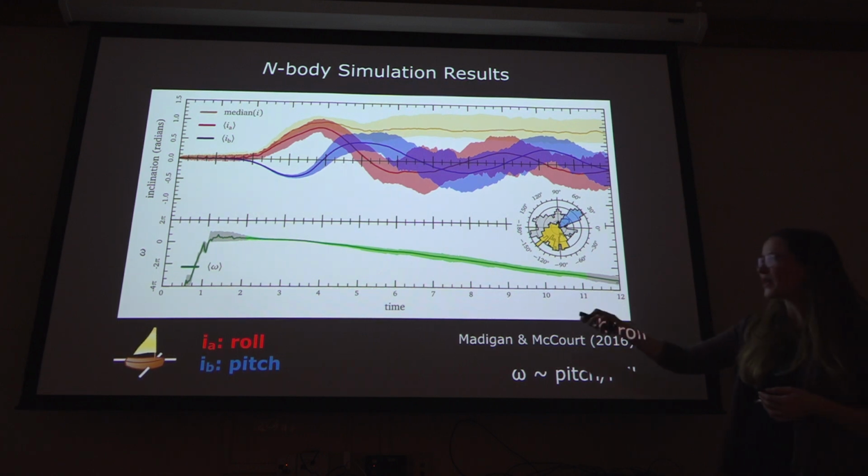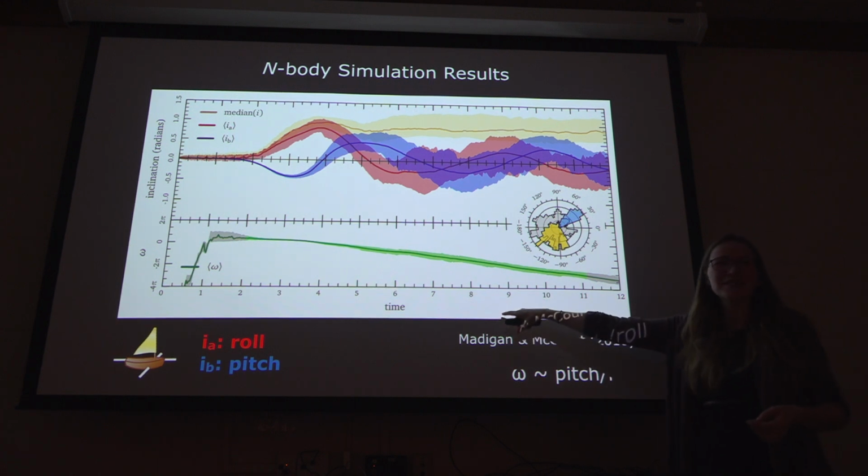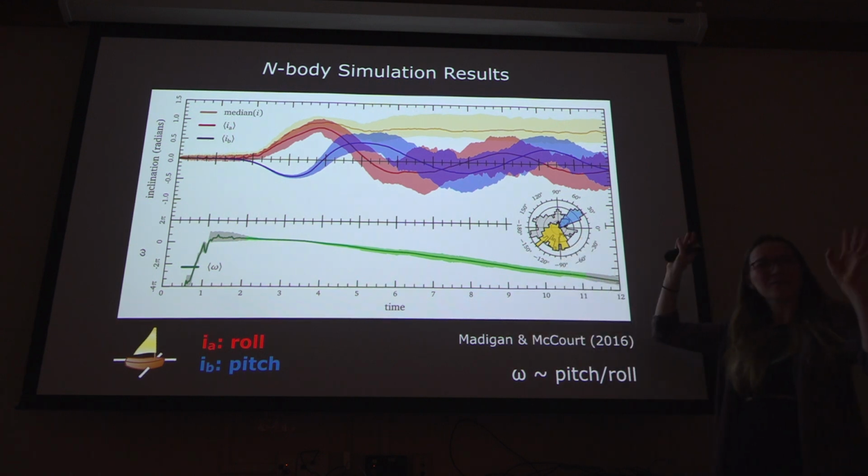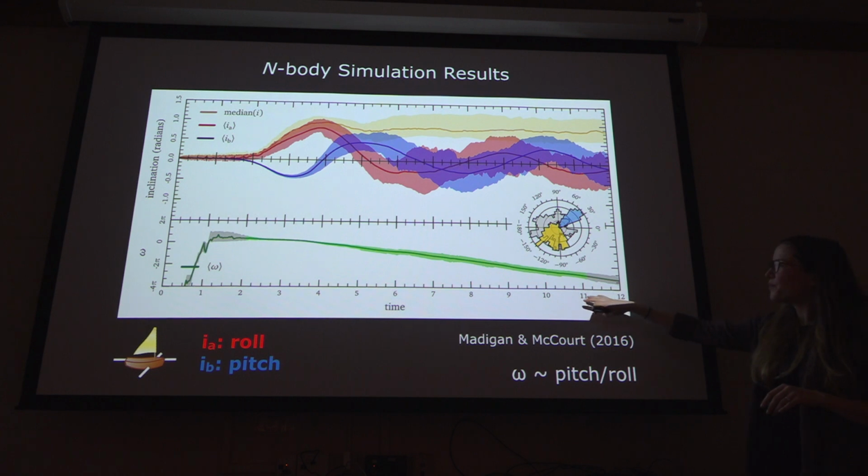Okay, the other thing I want to point out is this omega as a function of time. I know this time is unitless. Bear with me, it's a secular thing, it's fine. What I want to show with this omega, this is a Kepler element that describes the orientation of an orbit.